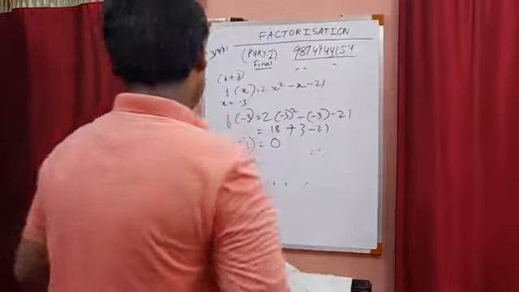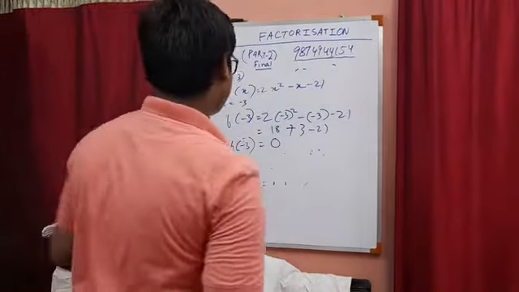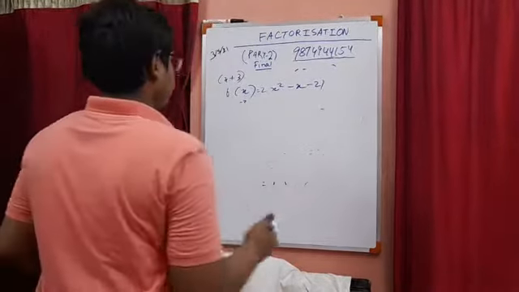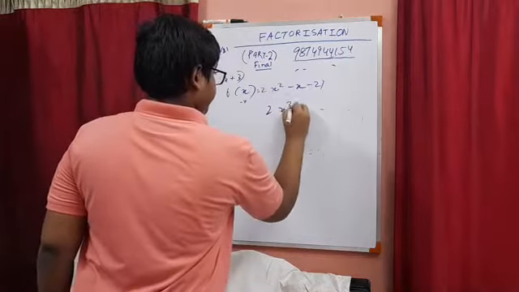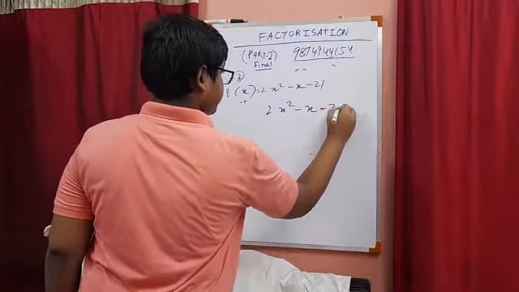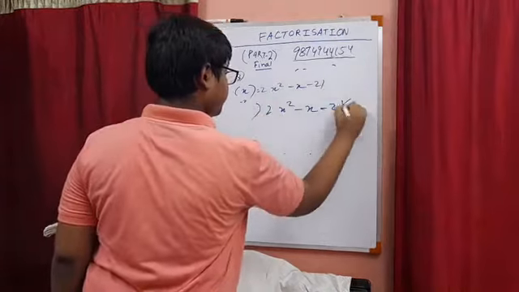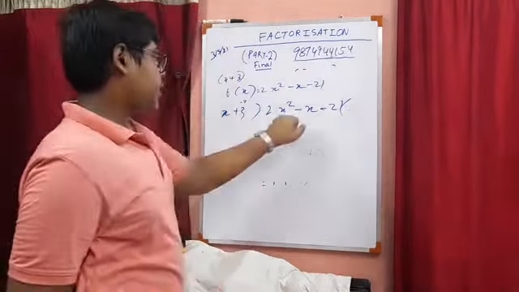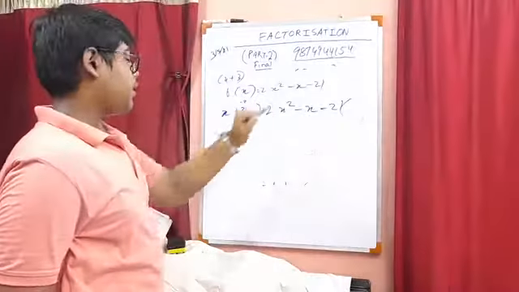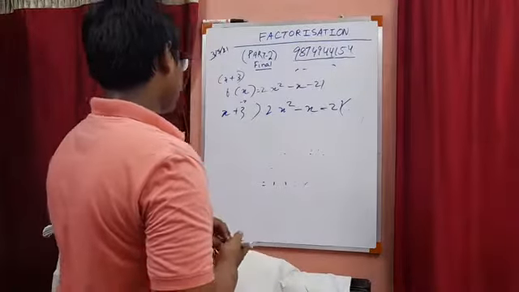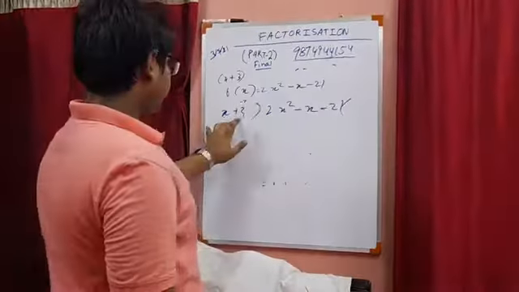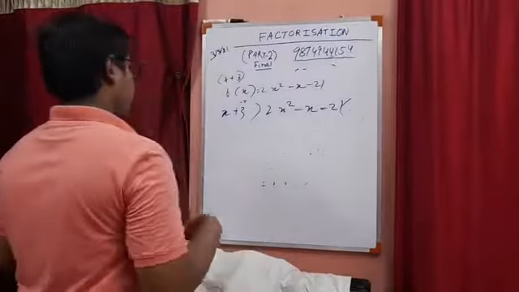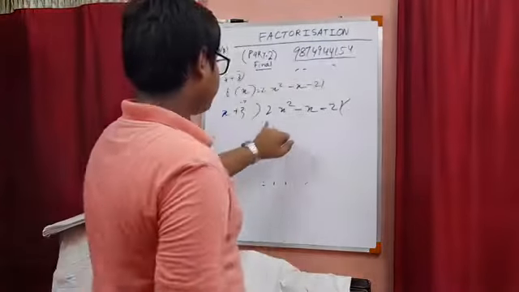Now we can use this for further factorizing the polynomial. It will be 2x square minus x minus 21 divided by x plus 3. We write the divisor here and the dividend here. Now x plus 3, if there are two terms over here, we will take only two terms at one time. Now x needs to be turned to 2x square.